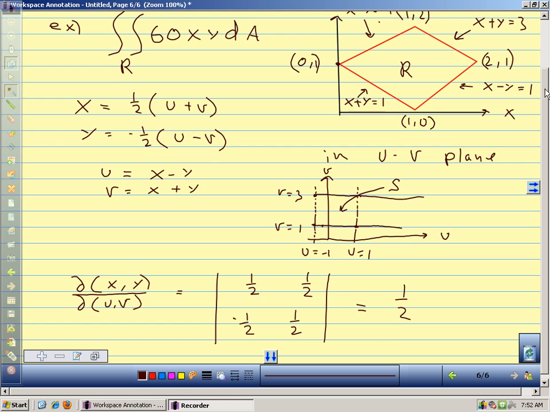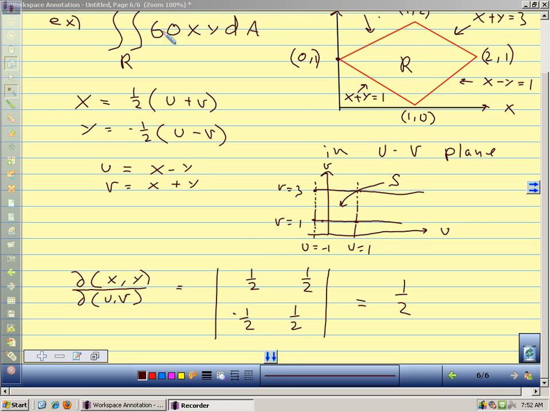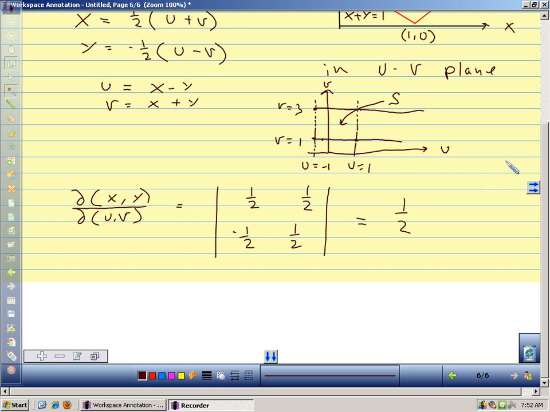So finally, I can transform this integral with the change of variables.